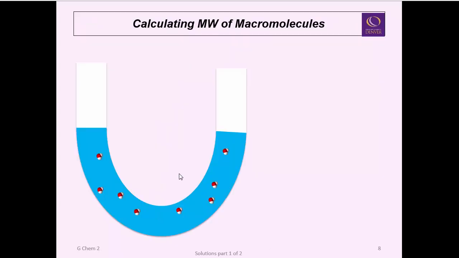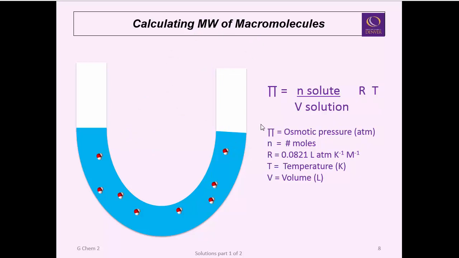Now we're going to work on a problem just calculating the molecular weight of macromolecules. But the reason I've chosen this problem is because I want to introduce you to osmotic pressure, the actual calculation for it. And osmotic pressure has this funny little Greek symbol.